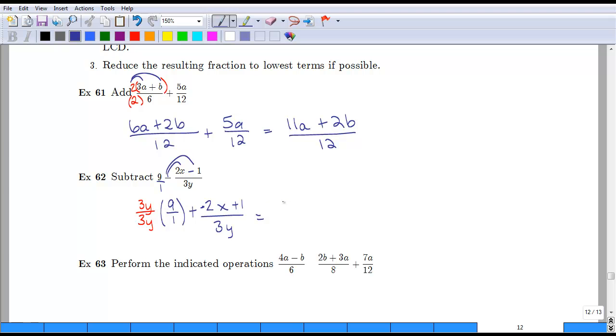So in this case, we end up with 27y. That is not going to combine with pieces in the numerator of the second fraction. So we can just write those down, minus 2x plus 1. And then we've got over our common denominator of 3y. Again, there's nothing we can do to simplify this one because the numerator has no like terms. And this would be our final answer.